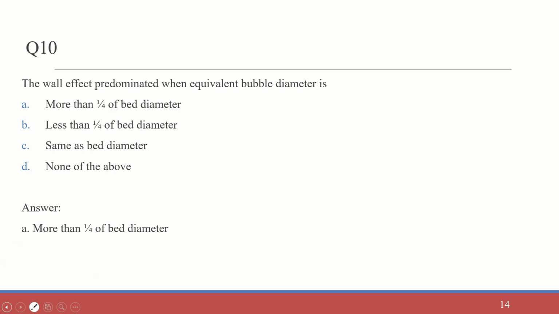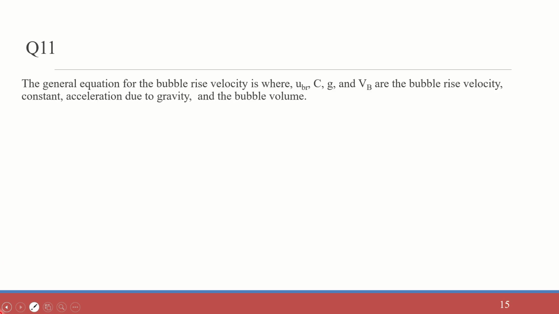Now let us go on to question 11. The general equation for bubble rise velocity is dash, where UBR is the bubble rise velocity, C is a constant, G is the acceleration due to gravity, and VB is the bubble volume.